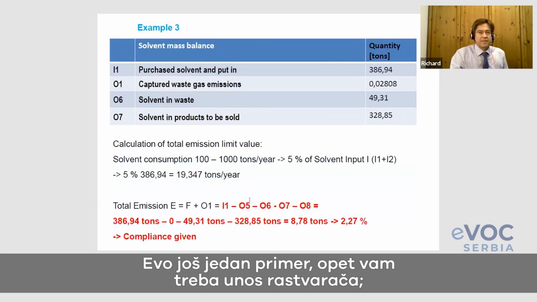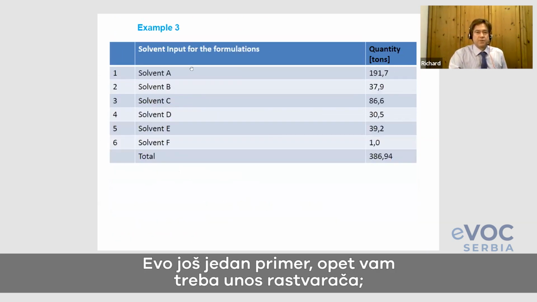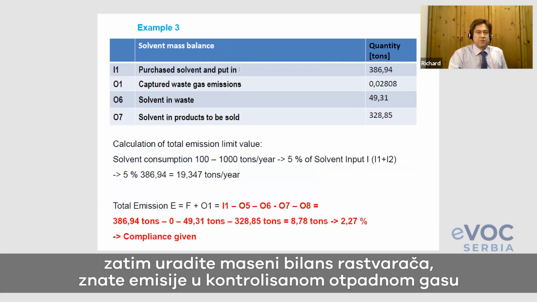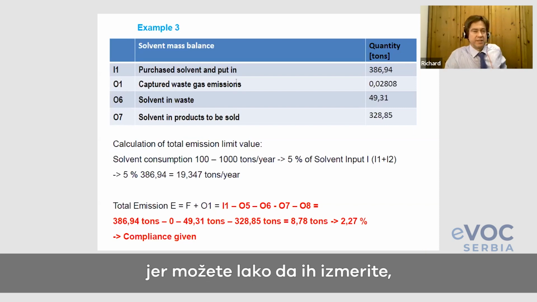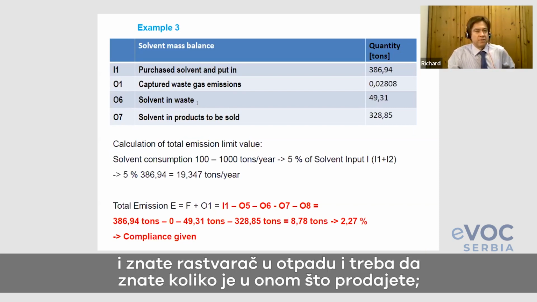Here is another example. Again, you need the input of the solvent. Then you do the solvent mass balance. You know the captured waste gas emission, because you can easily measure it, and you normally know the solvent in waste. And what you should know is what you sell.